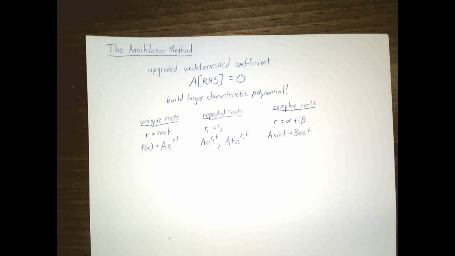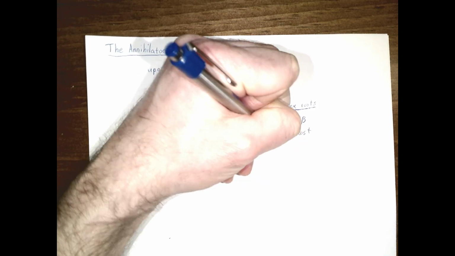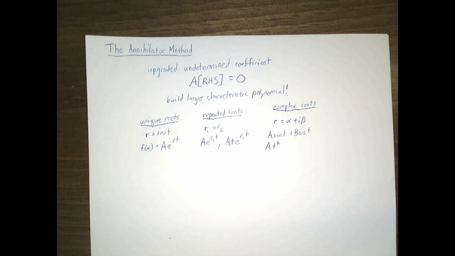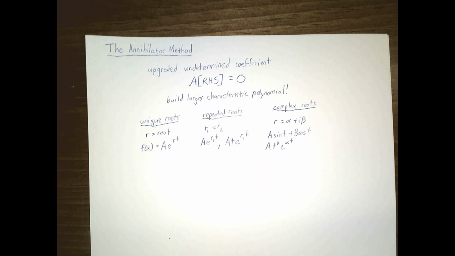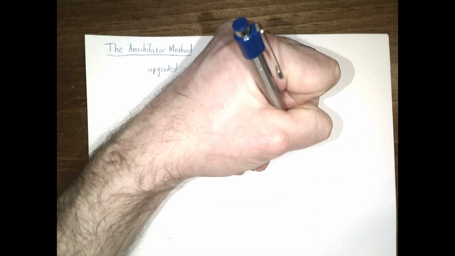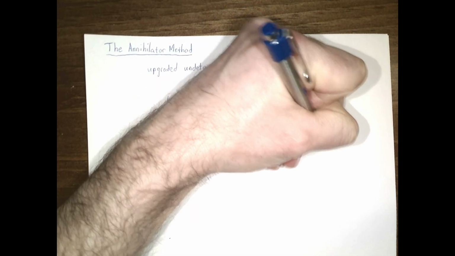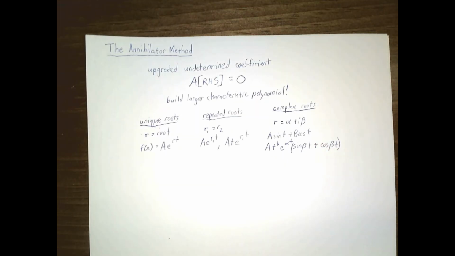But if they are completely complex with both a real and an imaginary part, the solutions can look a little more daunting, as even some polynomial a t to the k power, it can be any power depending on how many times these complex roots repeat, times an exponential alpha t, that accomplishes the real part there, and then our imaginary part picks up a sine or a cosine. So we have sine beta t. Heck, we could add a cosine beta t to that to just cover all our bases.